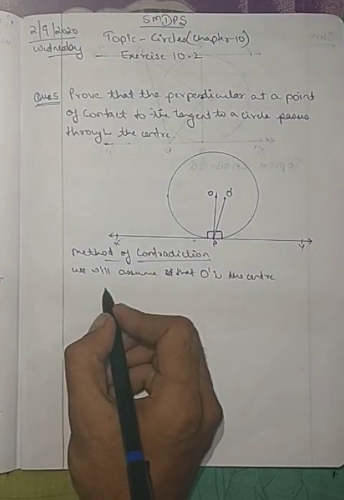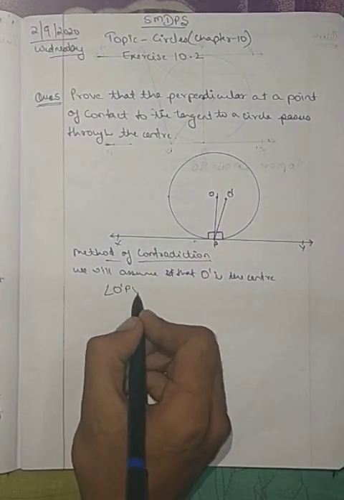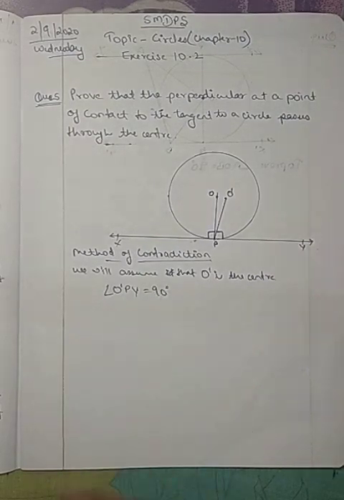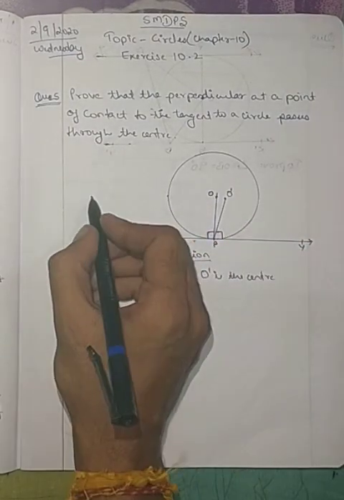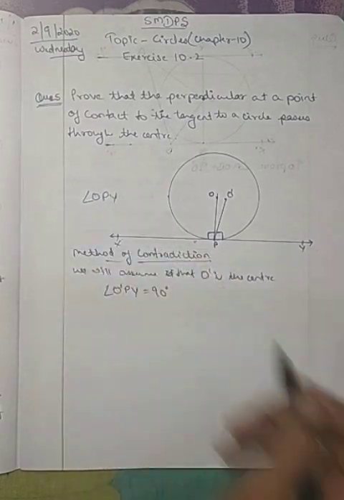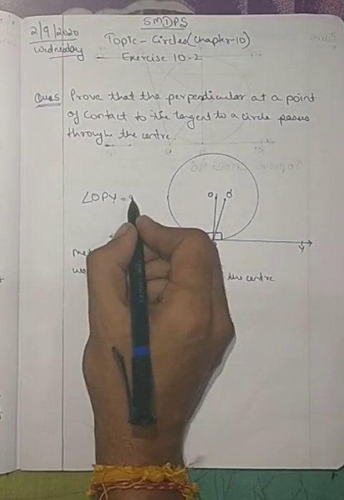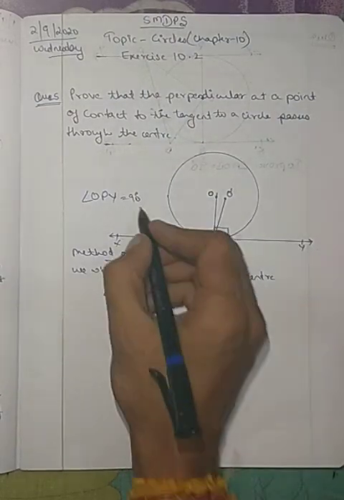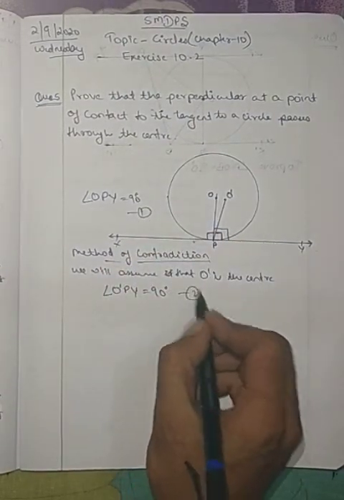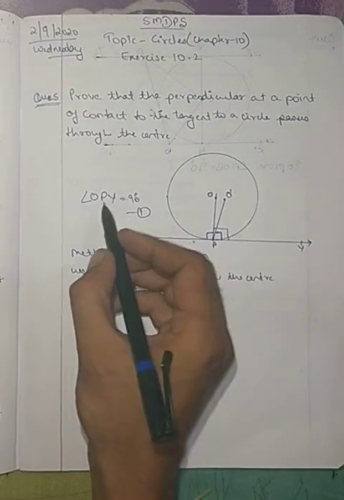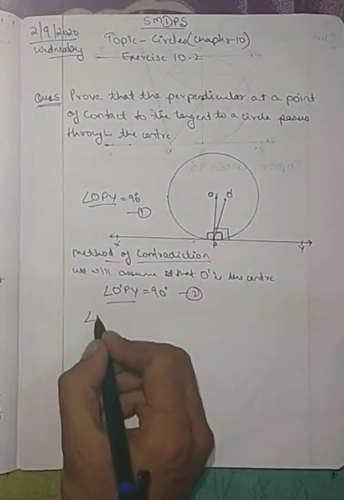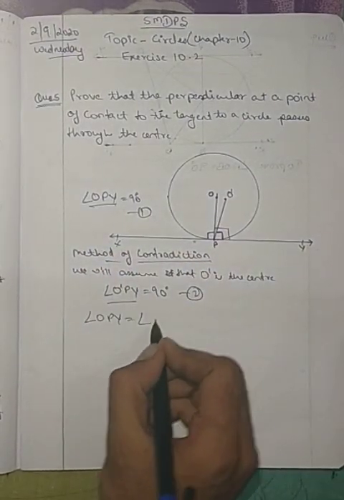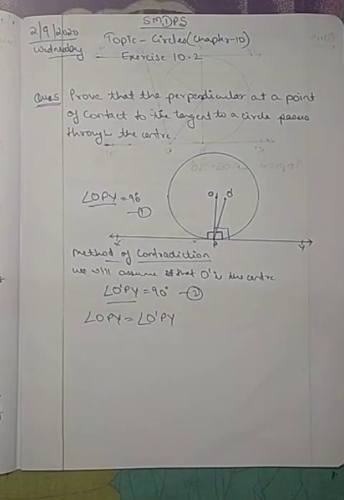So in this case, angle O dash PY comes out to be 90 degrees. Earlier, what did we have? Angle OPY is equal to 90 degrees. From 1 and 2, what did we get? Angle OPY is equal to angle O dash PY.